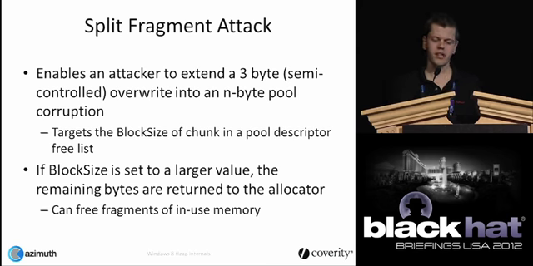So this basically enables an attacker to extend a semi-controlled 3-byte overflow into an arbitrary memory corruption by setting the block size to something larger than it actually is, and by fooling the allocator into thinking, oh, I got an allocation here that is much larger than it actually needs. I'm going to free this part of the chunk that it thinks is not in use, back to the allocator. So this can basically enable you to free in-use memory.